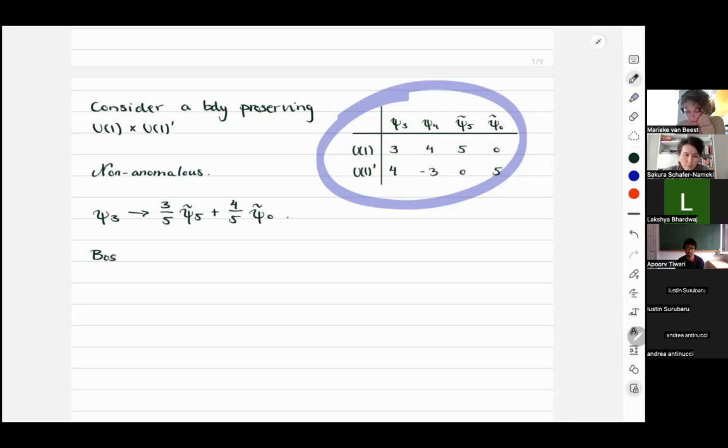So we were going to bosonize these fermions. Sorry, can I also ask a question? Yeah, of course. Are there mixed anomalies between the two U1s? Shouldn't be. I can try to convince you. Essentially, the anomalies are just U1 squared anomalies.